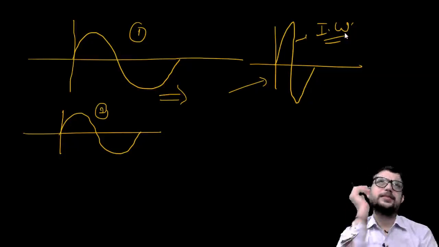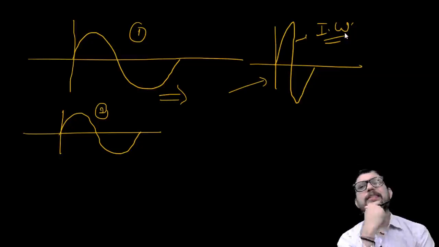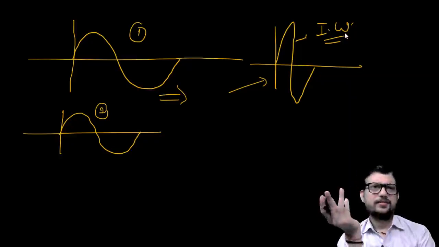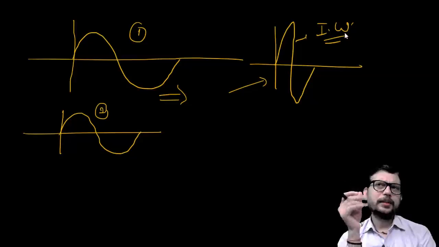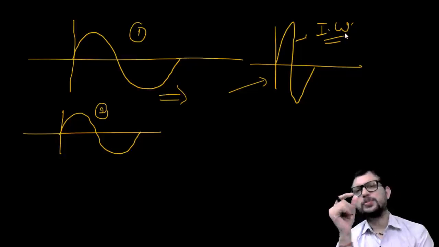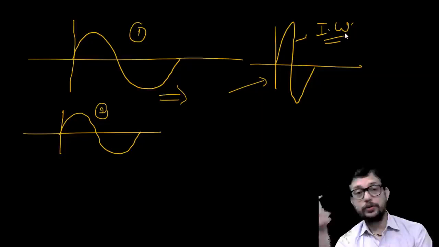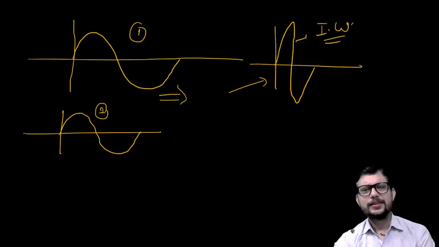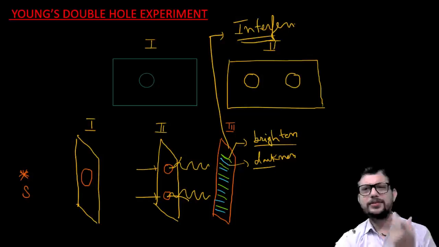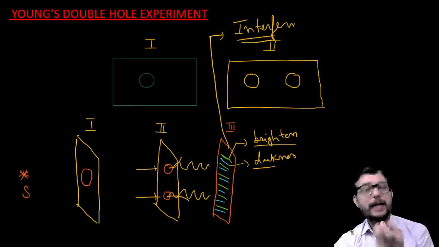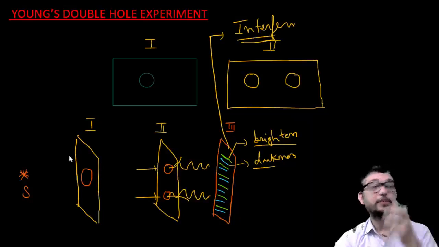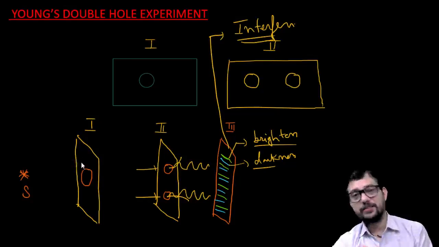According to Young, these two holes basically represent the source of the light itself. As you have read, I have already discussed Huygens' principle. In that principle we have the primary wavefront, then the secondary wavefront.